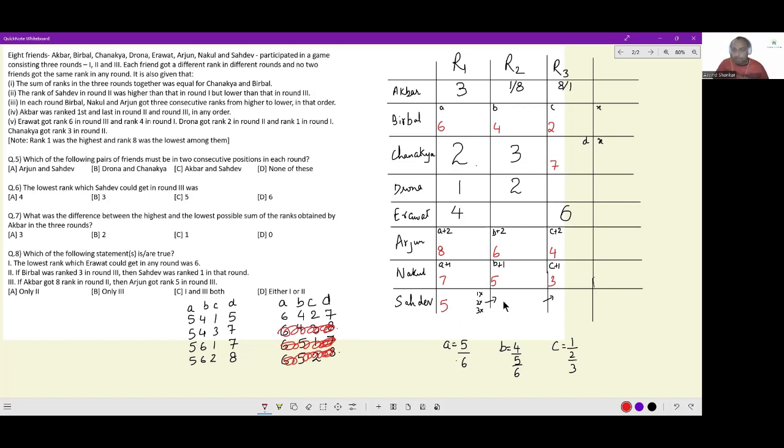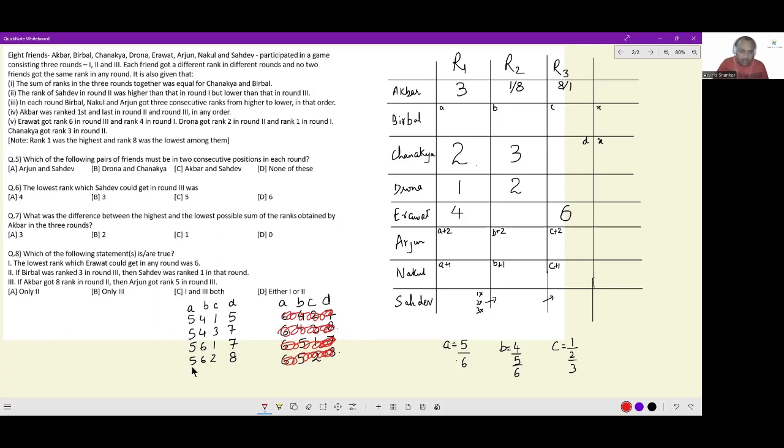And here 2, 3, 4 is used up. The only better rank available is 1. And this is also unacceptable. I cannot have rank 1 for Sahadev in round 2 because in round 3 I cannot improve upon this rank. So this is also an unacceptable case. So we have to get rid of these numbers also.